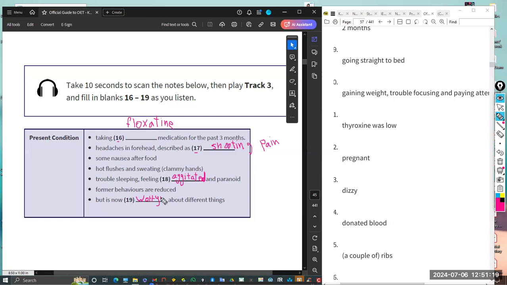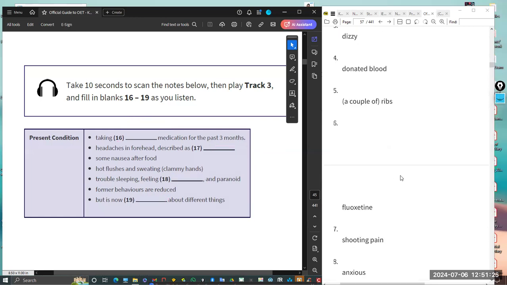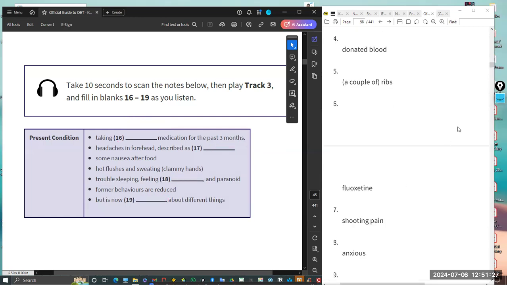Now, let me show you the answers or the correct gaps or words. Let me scroll down to the correct words. Okay, this is fluoxetine. So notice that in fluoxetine, you missed writing the U letter.